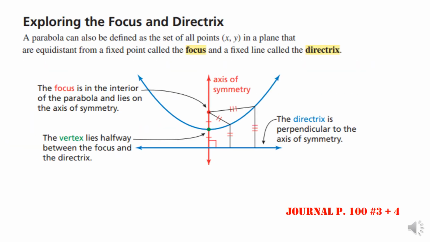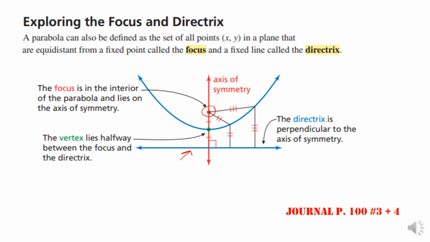Okay. So now we're going to talk about the directrix. A parabola can also be defined as the set of all points (x, y) in a plane that are equidistant, or the same distance, from a fixed point called the focus and the directrix. Okay? The focus is in the interior of the parabola and lies on the axis of symmetry.